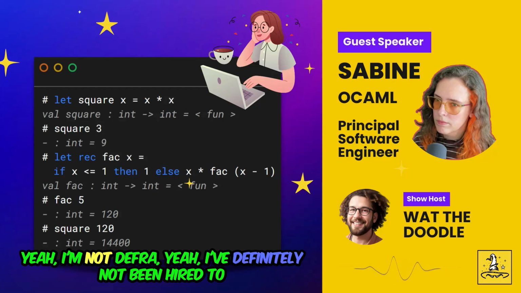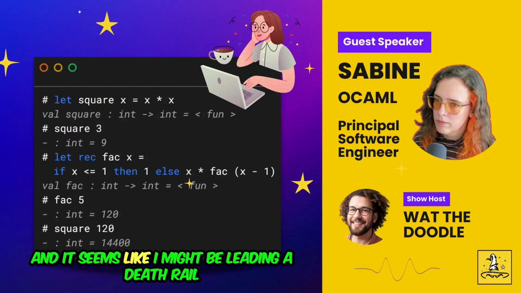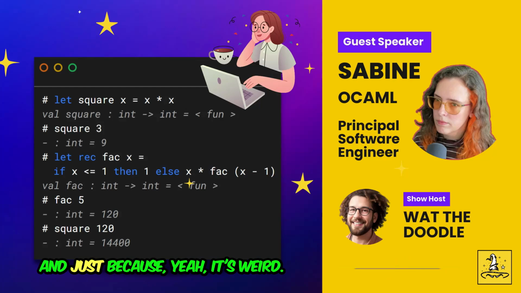I've definitely not been hired to do DevRel, but it seems I'm gravitating into this role, and it seems like I might be leading a DevRel team before the end of the year is over. It's weird.